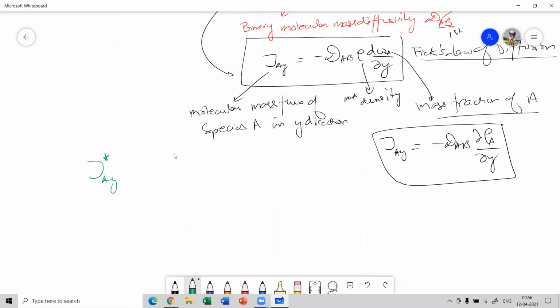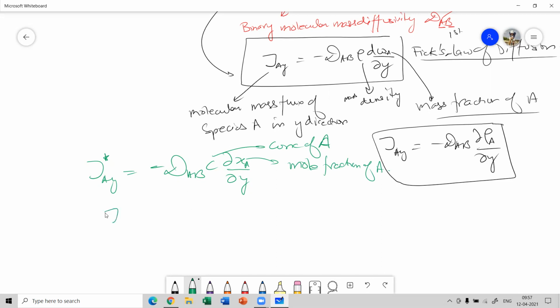Initially it was mass flux, now it's a molecular flux, which is nothing but minus DAB into concentration C dXA by dy, where C represents the concentration and X represents the mole fraction of A. Or if you want to express it in terms of concentration, it can be represented as minus DAB del CA by del y.